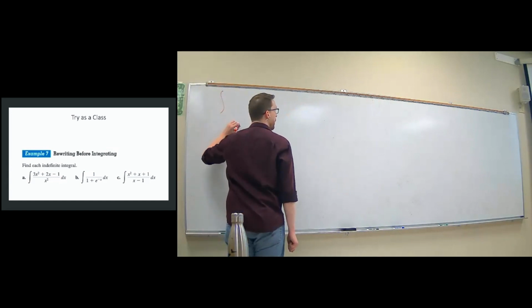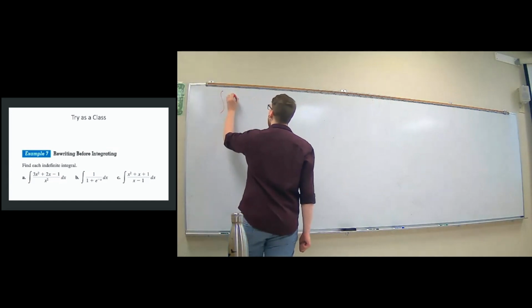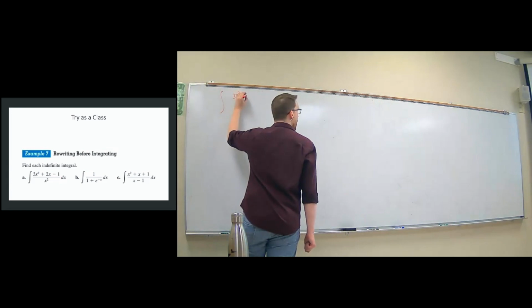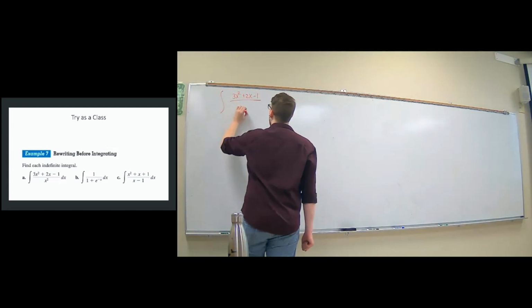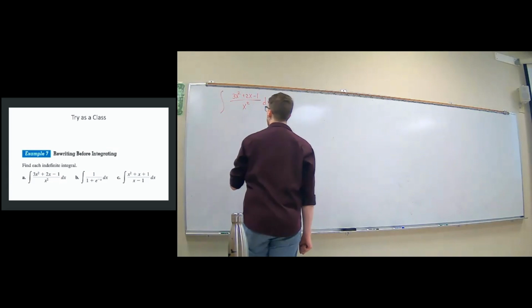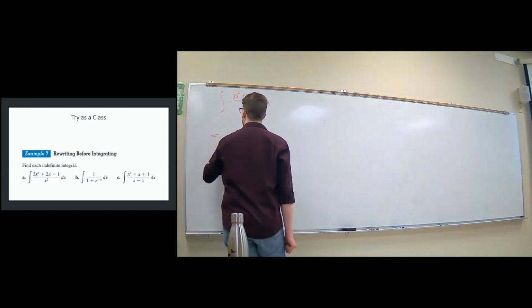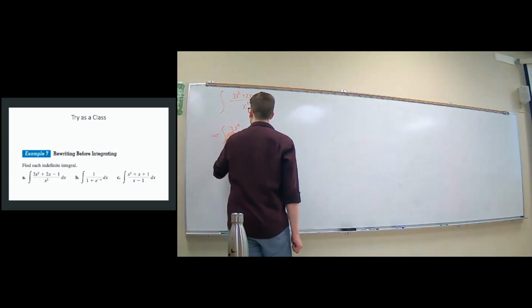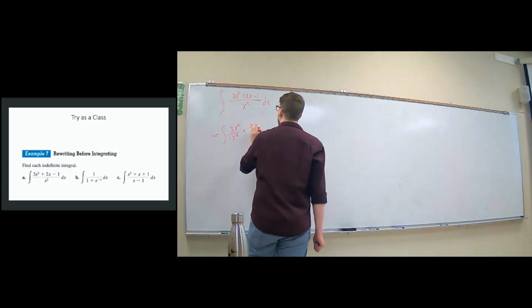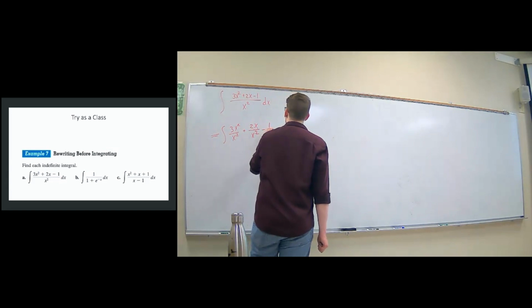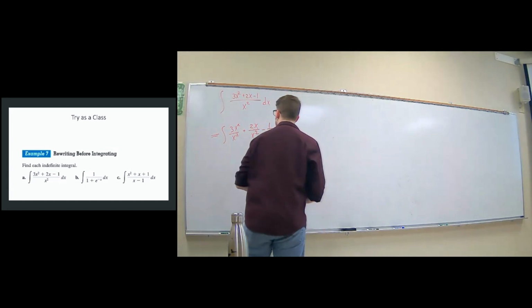The way we're going to start off that first integration, we've got 3x squared plus 2x minus 1, all in our numerator, divided by x squared, and we're integrating with respect to x. I can break this thing up into the integral of 3x squared over x squared plus the integral of 2x over x squared minus 1 over x squared, all integrated with respect to x.